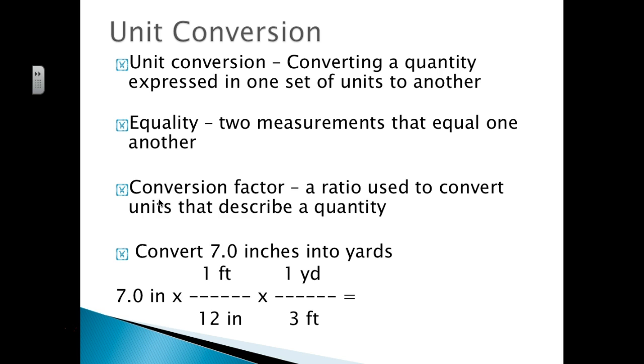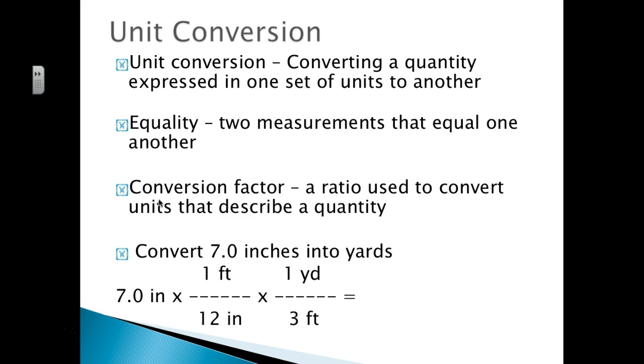So a unit conversion is converting a quantity expressed in one unit to another unit, such as changing meters to centimeters, changing seconds into minutes, inches into feet. In order to do a unit conversion, you have to have an equality. These are two measurements that are actually equal to one another.